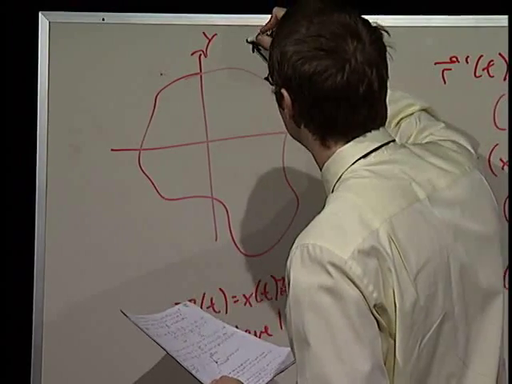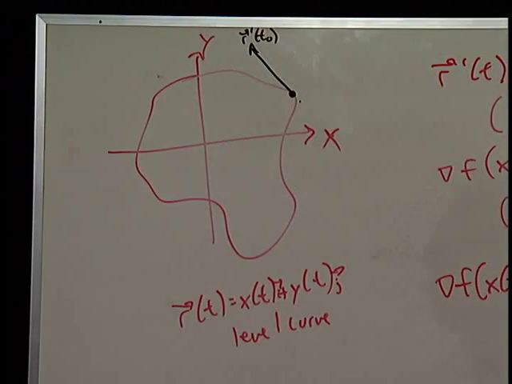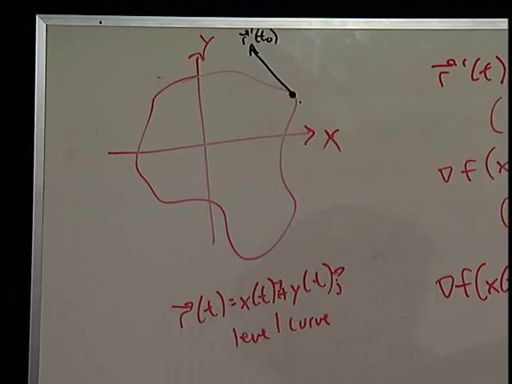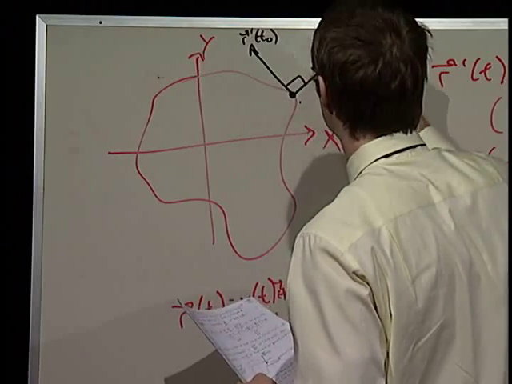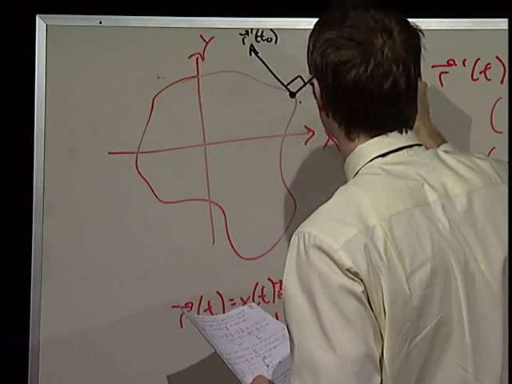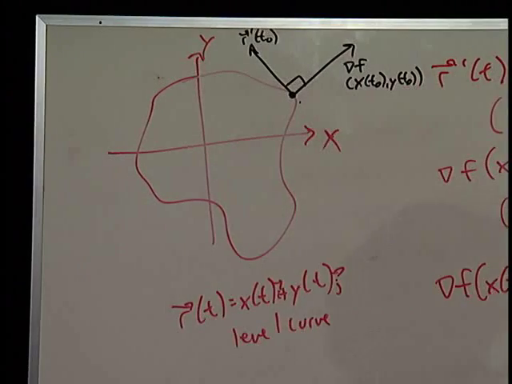So there is r prime of t naught, the tangent vector to the level curve at that point, okay? Well, the gradient is orthogonal to that. So the gradient, that's a right angle. So there's the gradient at x of t naught, y of t naught. And notice that if the gradient is orthogonal to the tangent vector, the gradient is orthogonal to the surface or to the level curve at every point. Okay, so that picture basically says what this says in a much easier way. Pictures are nice.